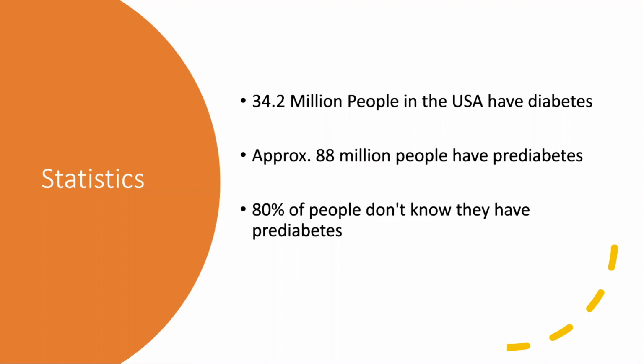But 80% of those people don't even know that they're pre-diabetic, because they're not symptomatic or they feel like they're doing pretty well, so they're not going to get their annual physicals and blood work. And so they are just out there and probably won't know that they are pre-diabetic until they're actually diabetic.